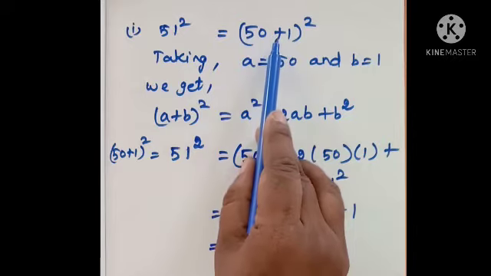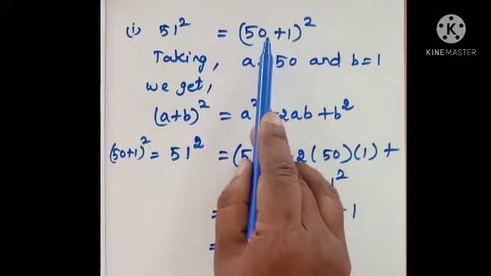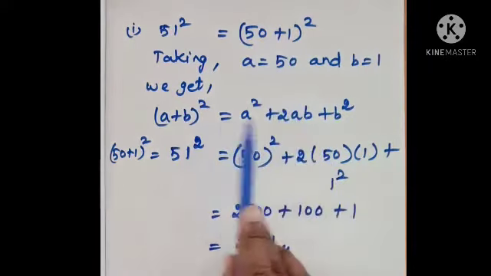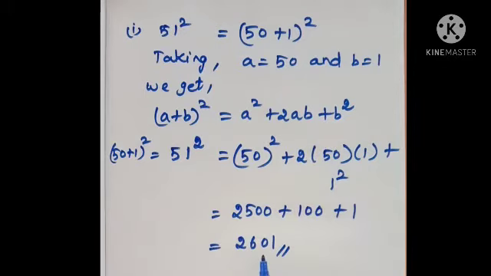So taking a as 50 and b as 1 and substituting these values in the right hand side, we get 2601, which is the final answer.